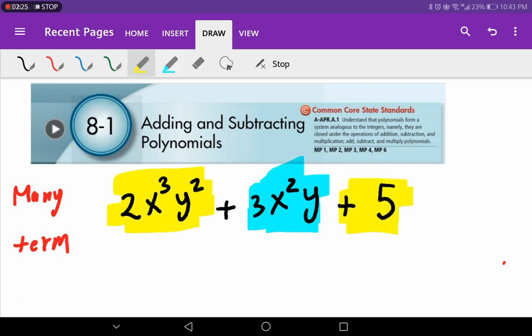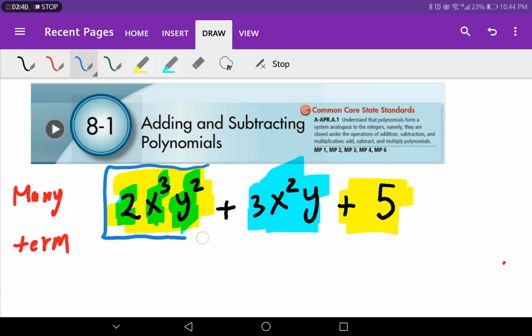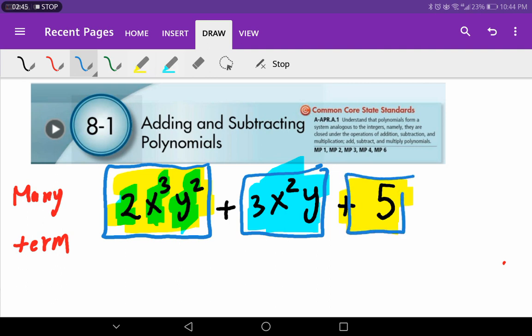So the term could be a number with letters, all of these stuck together are one term. And remember that the terms are split between them by plus or minus.